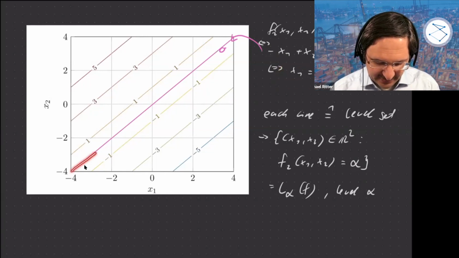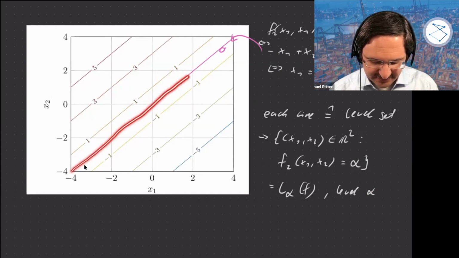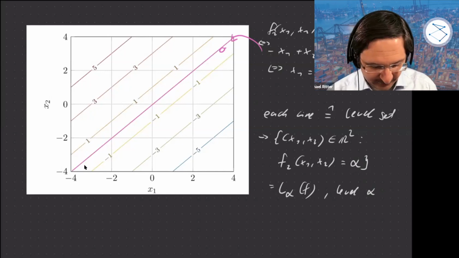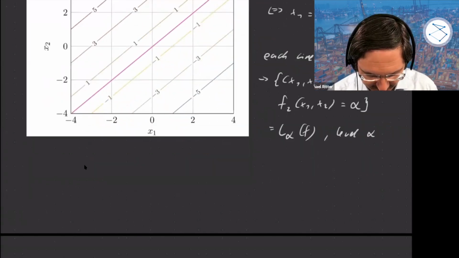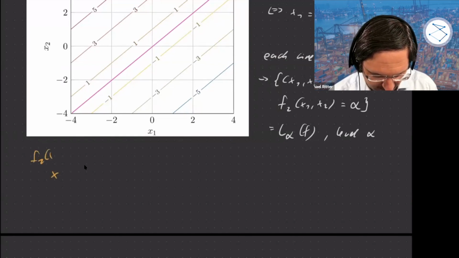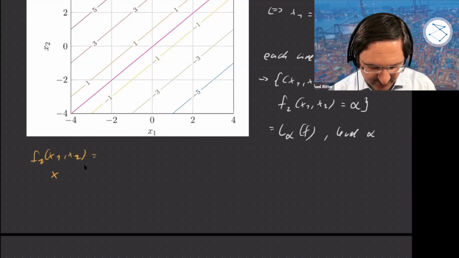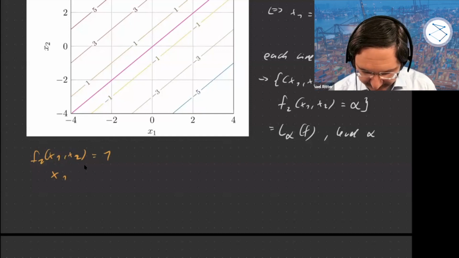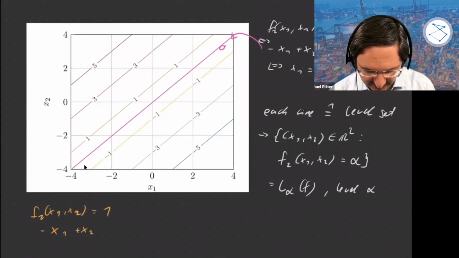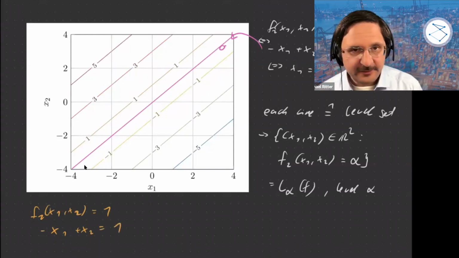And the line corresponding to these two combinations here is exactly this one here. And for example, a different example here, if we take that orange one, if we look for all combinations of x1, x2 where the function value is 1, well, what that means is minus x2 plus minus x1 plus x2 is 1.